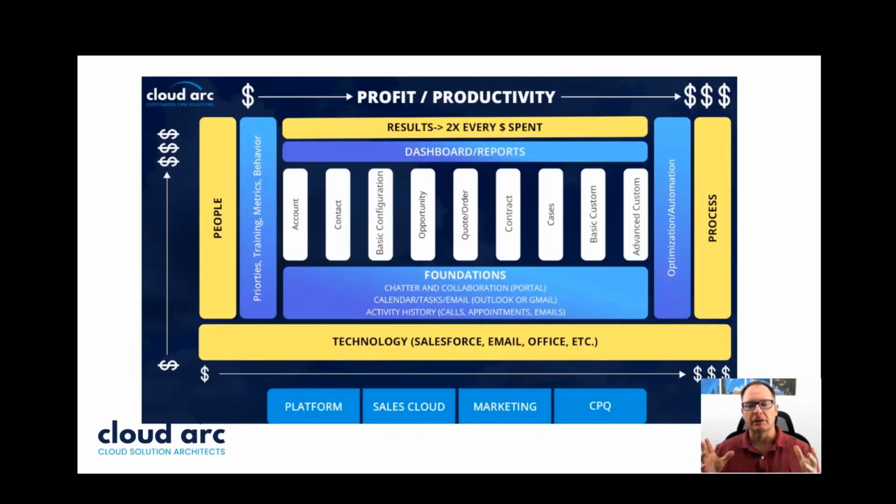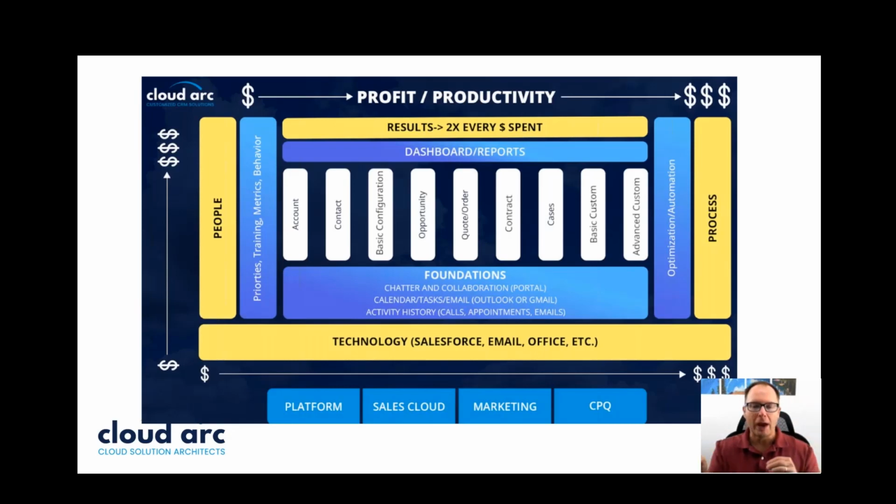This is a graphic or an image that we created to demonstrate a couple of concepts. The first thing I want to emphasize here is that successfully implementing Salesforce doesn't just mean buying the right license. It also means combining the Salesforce tool with your people and process.